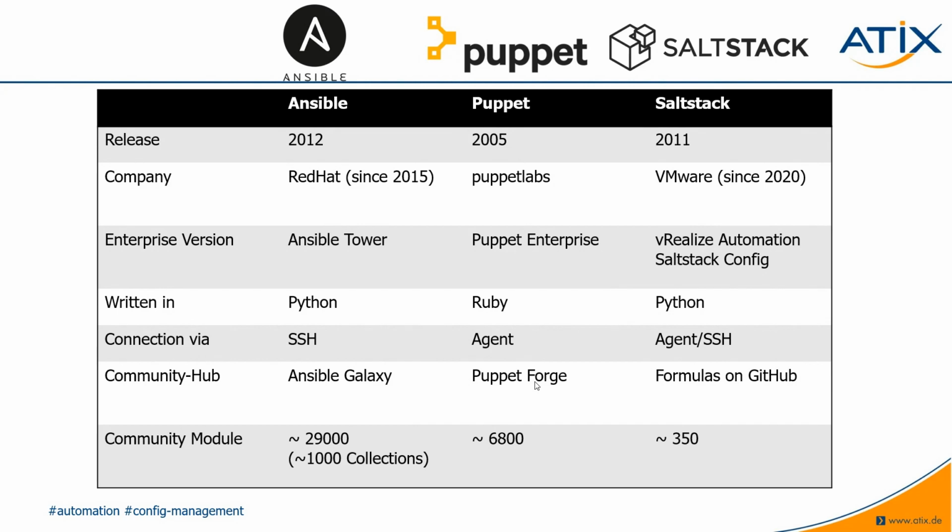On the other side, SaltStack is available via SSH. This means I also have the possibility to push my configuration onto a system without having a Minion installed on it. So in this case, SaltStack is more flexible because you have the choice.